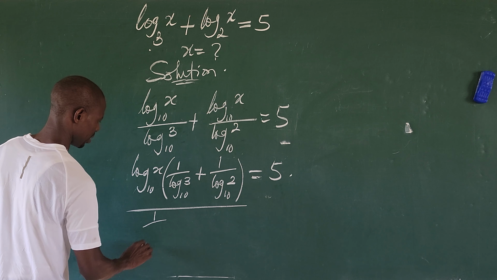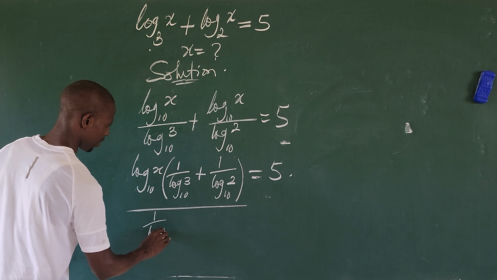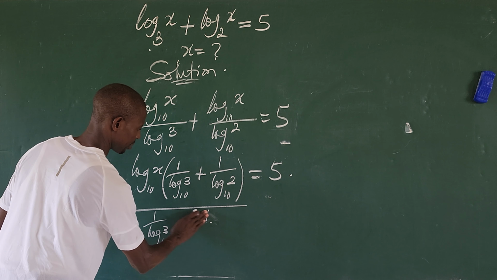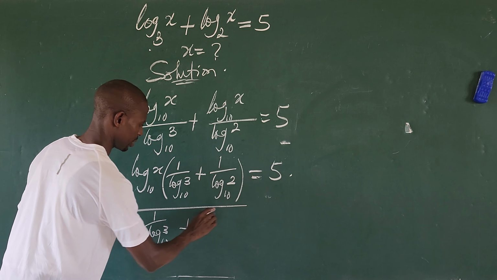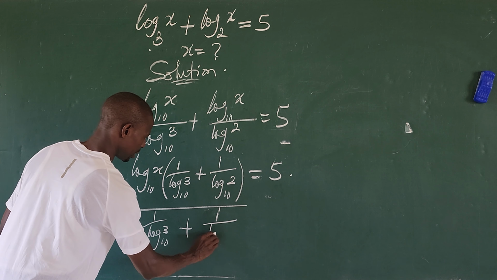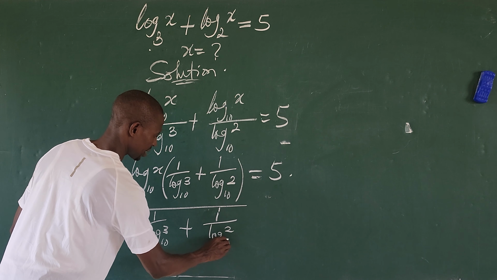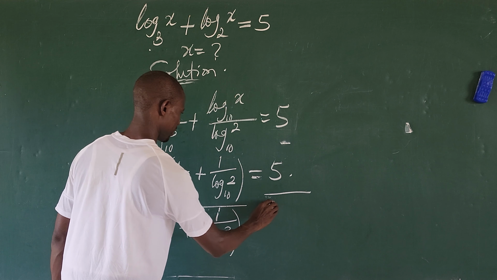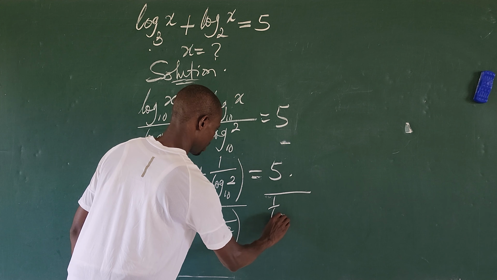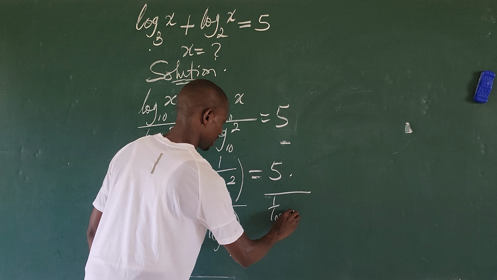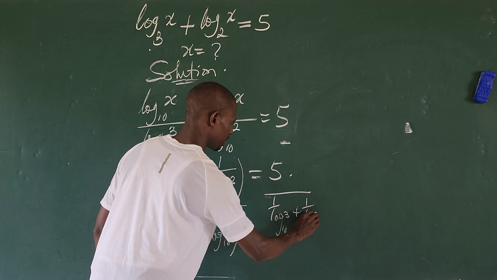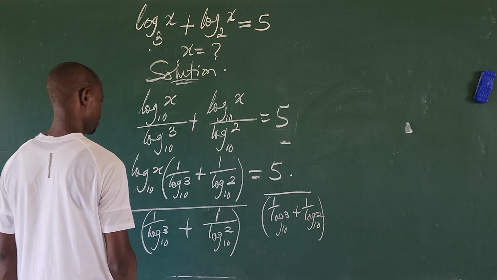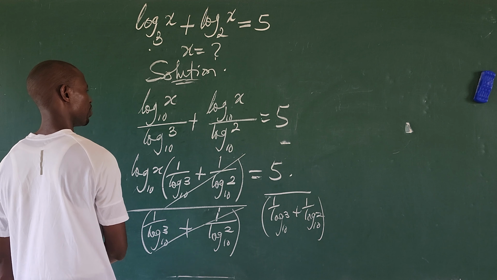So we divide both sides by 1 all over log 3 base 10 plus 1 all over log 2 base 10. Good, so this will cancel with the whole of this.